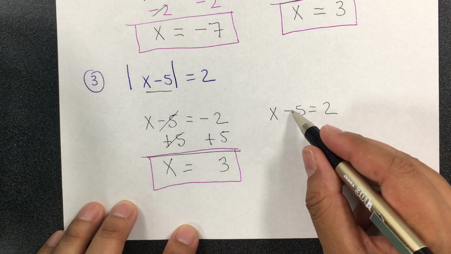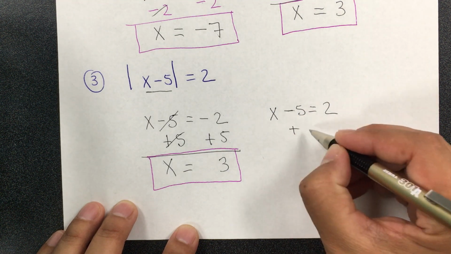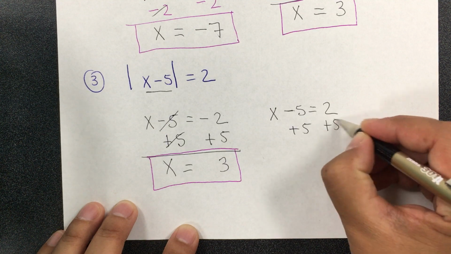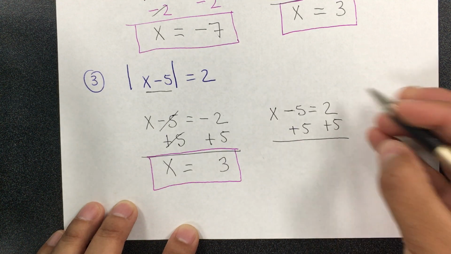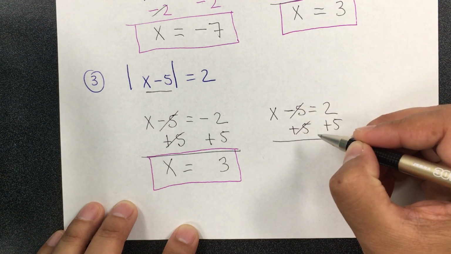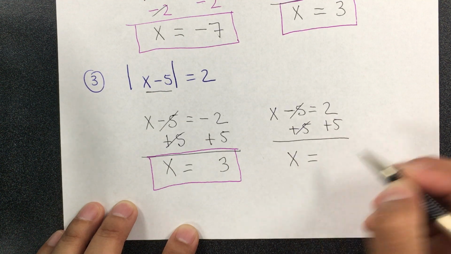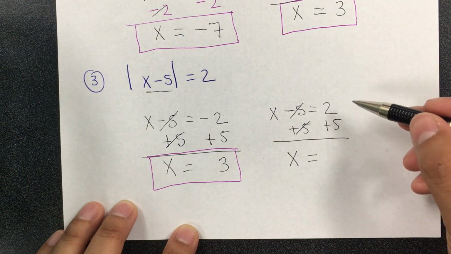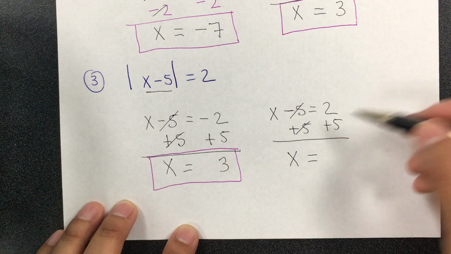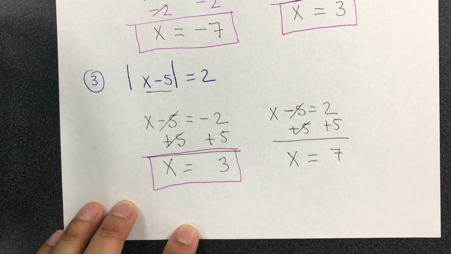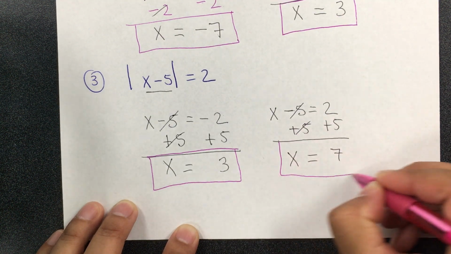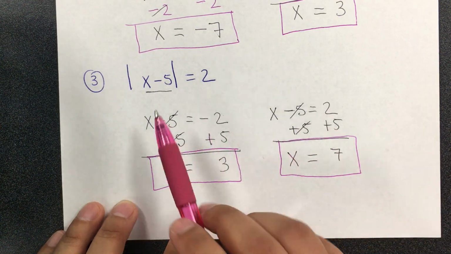Again, in here, the opposite of subtraction is addition, so we add 5 on both sides. These cancel, and x is equal to, in here we have two positives, so we add them. 2 plus 5 is 7. Again, quick check.